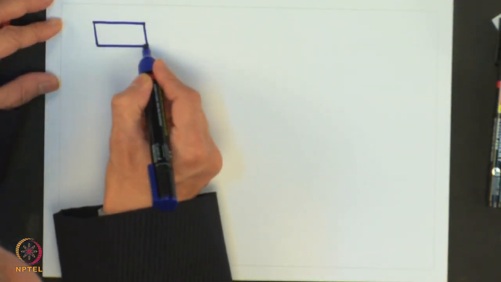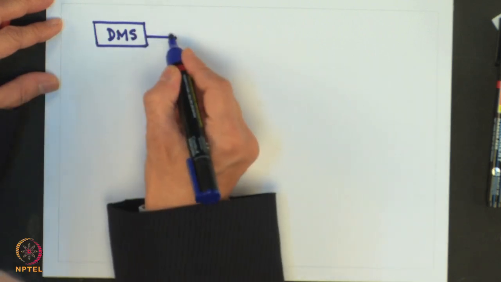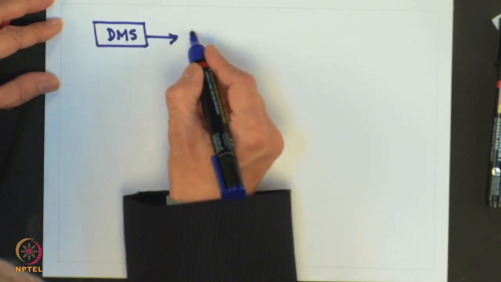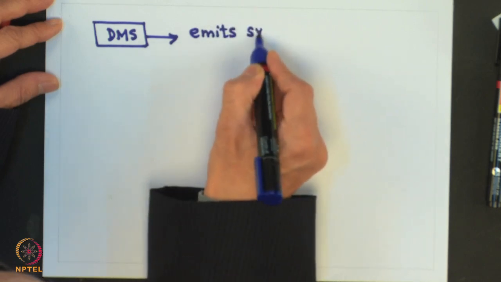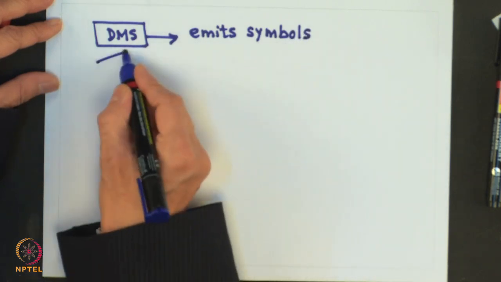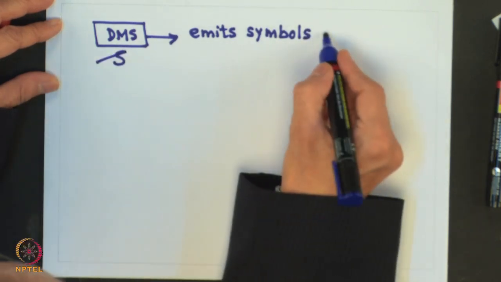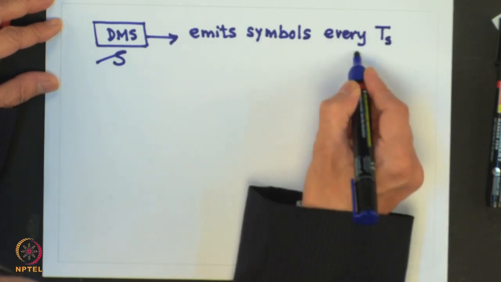So, let us bring in time, and we will bring in time as follows. Let us assume that I have a discrete memoryless source, and this discrete memoryless source emits symbols from the source alphabet every Ts seconds.